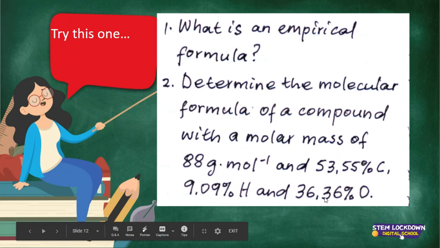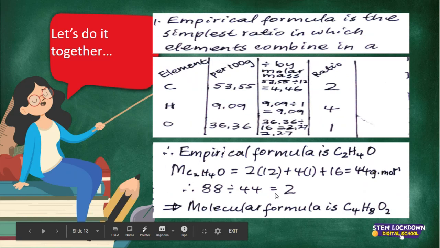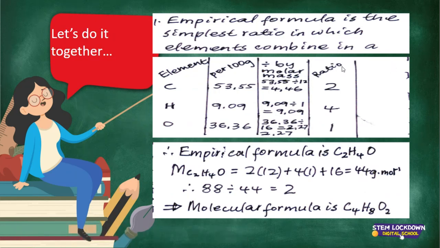So the first question is, what is an empirical formula? An empirical formula is the simplest ratio in which elements combine in a compound. Right, so that's the empirical formula.